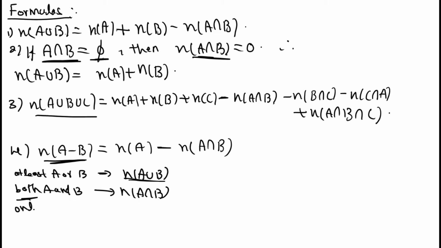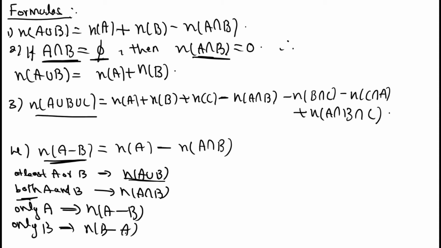Then only A, that time you need to use n of A minus B. Or suppose only B is asked. Only B means n of B only, not A. So B minus A. Remember the words. If at least or A or B comes, that time you need to use n of A union B. If both comes, that time n of A intersection B, or A and B, and means intersection, right?